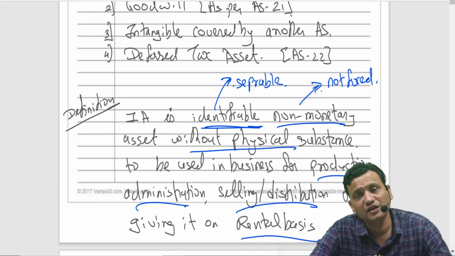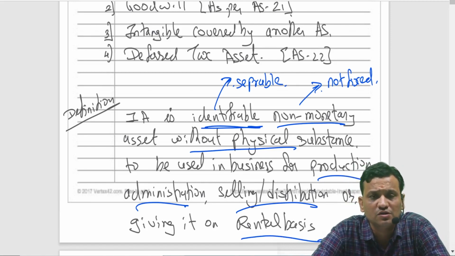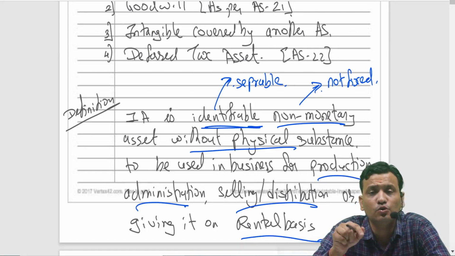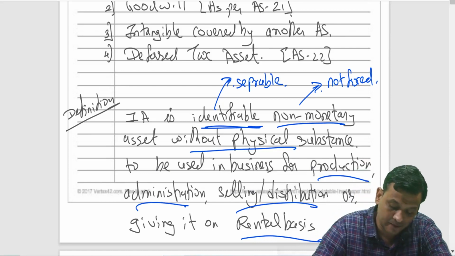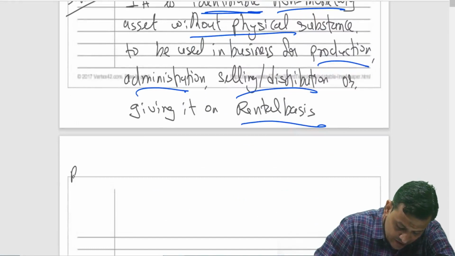But remember, my dear students, for an intangible asset to be recognized in the books, you need to fulfill not only the definition criteria, you also need to fulfill the recognition criteria. Now, what is the recognition criteria for intangible asset? Very simple.